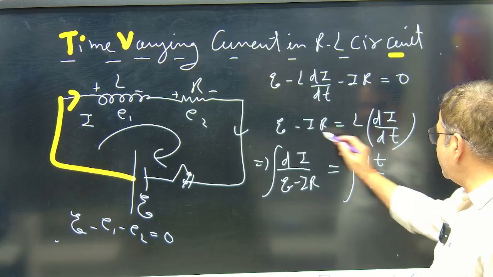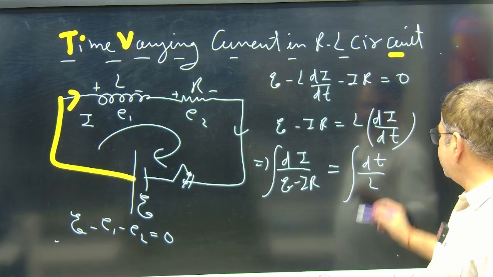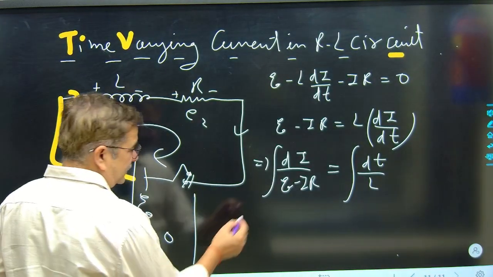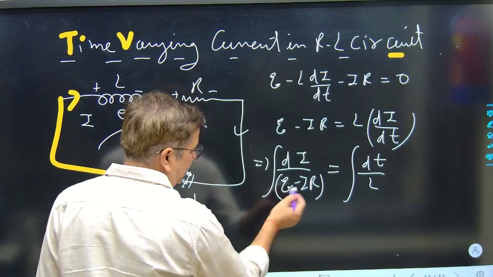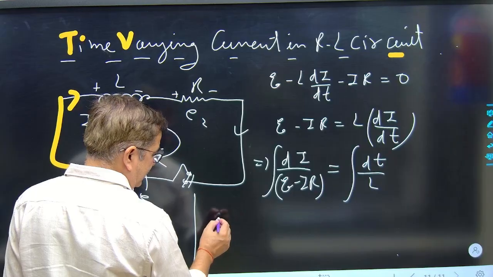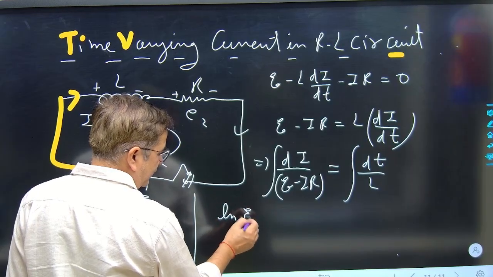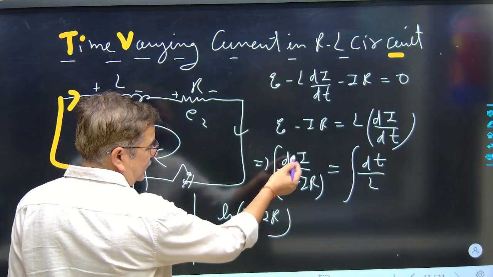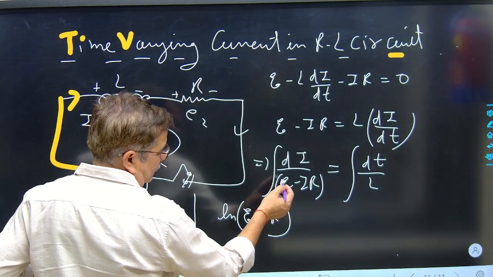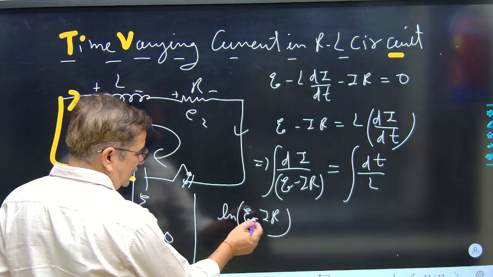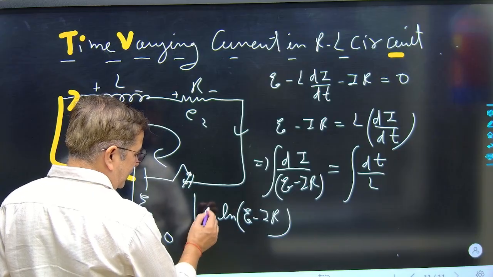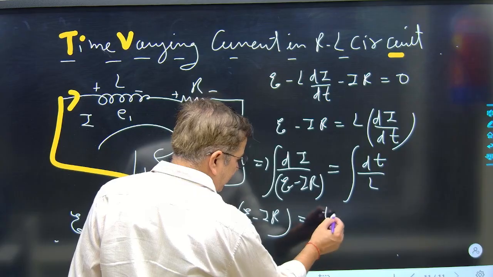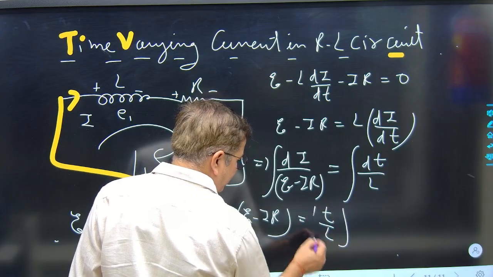The di over E minus IR, and dt by L. If I integrate this function, di over E minus IR will be integrated as ln of E minus IR, a log function of the type dx over 1 minus 2x, and the coefficient minus 1 by R will come out, and this is equal to t by L. This result we can put.